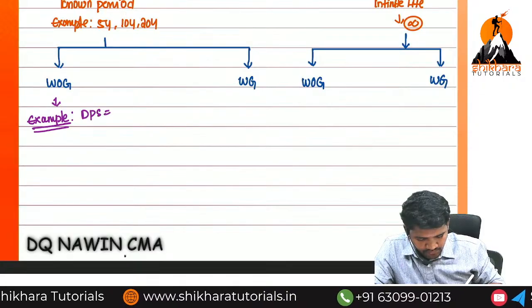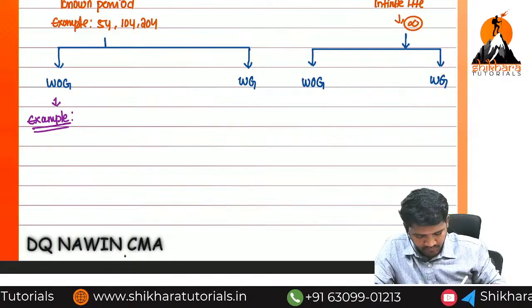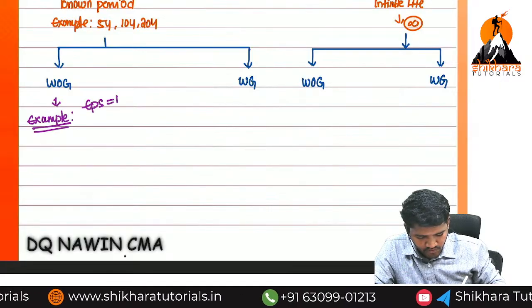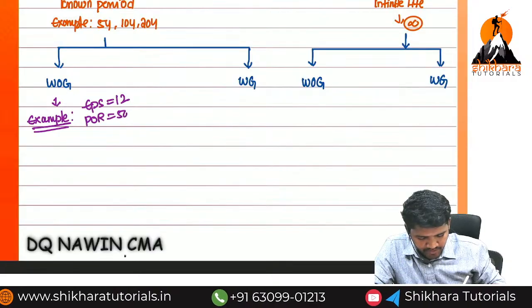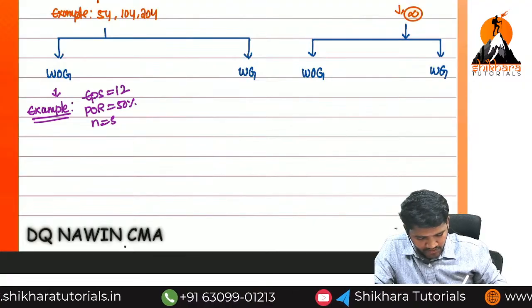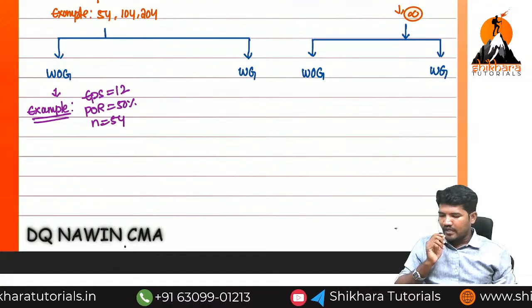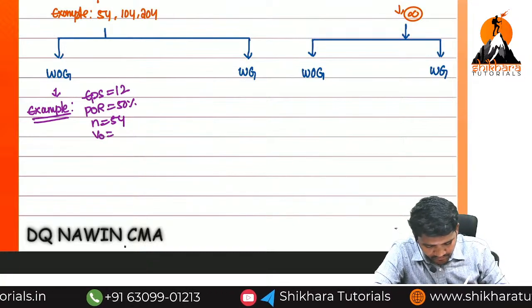EPS equals 12 rupees. Payout ratio equals 50%. N equals 5 years. Please calculate V naught.